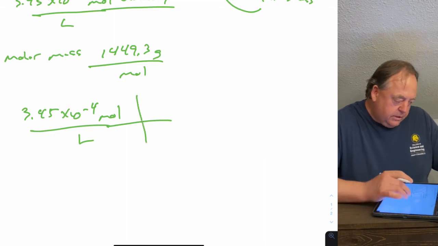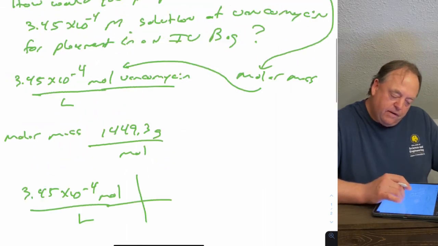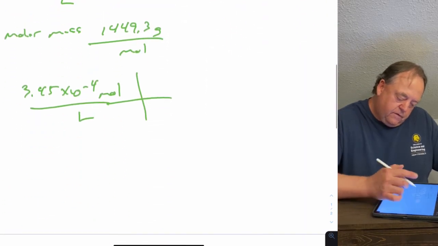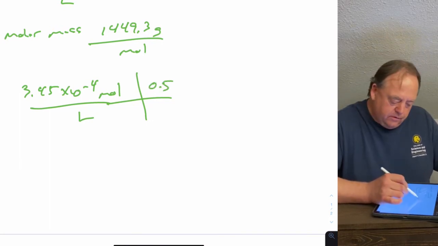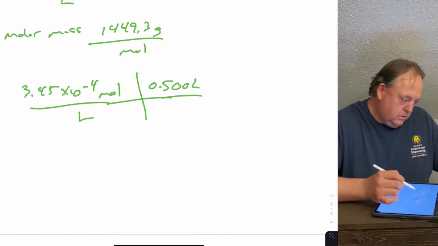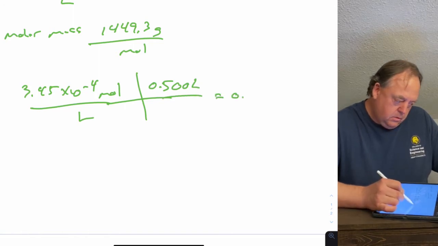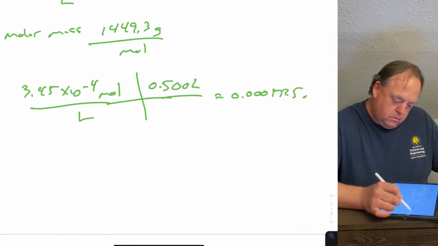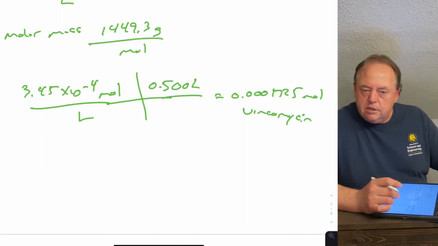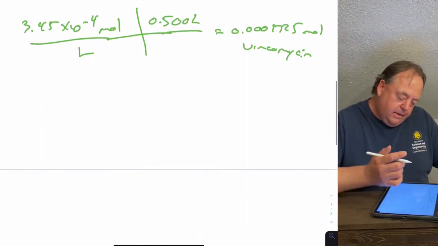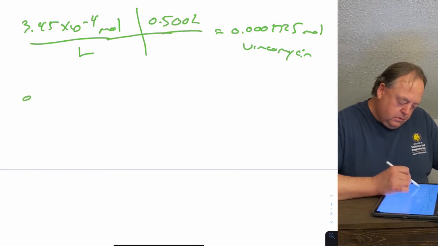So let's set up a dimensional analysis, and you need to prepare 500 mL of it. So 500 mL is 0.5 liters. So you need 0.0001725 moles of vancomycin, and now you can convert that to grams.